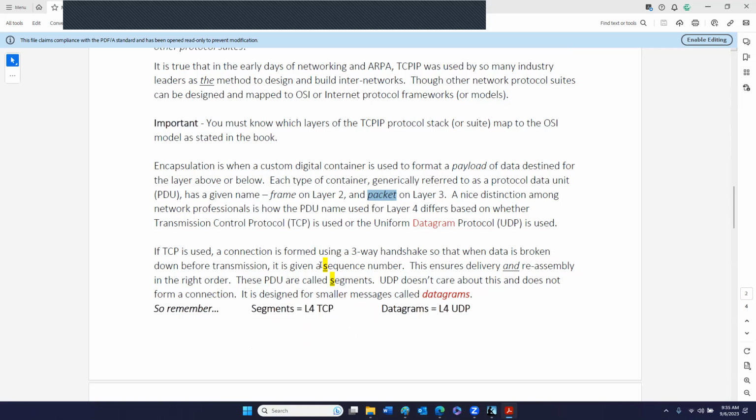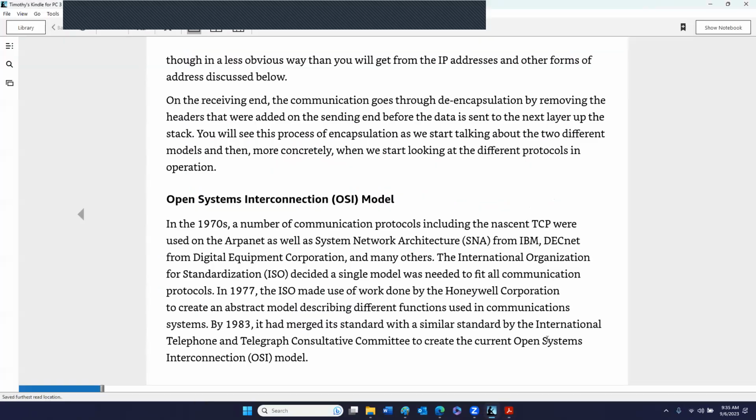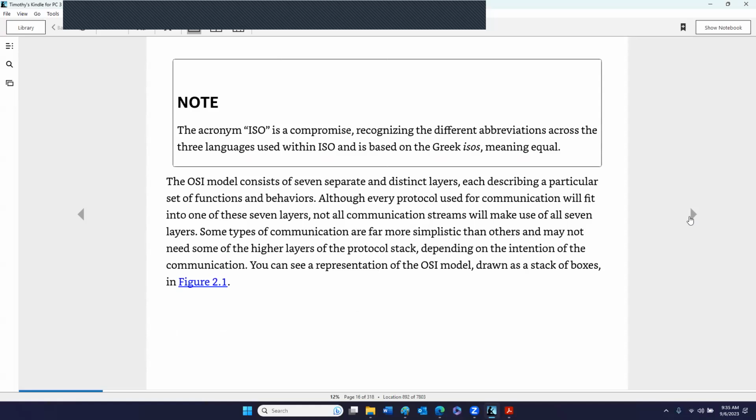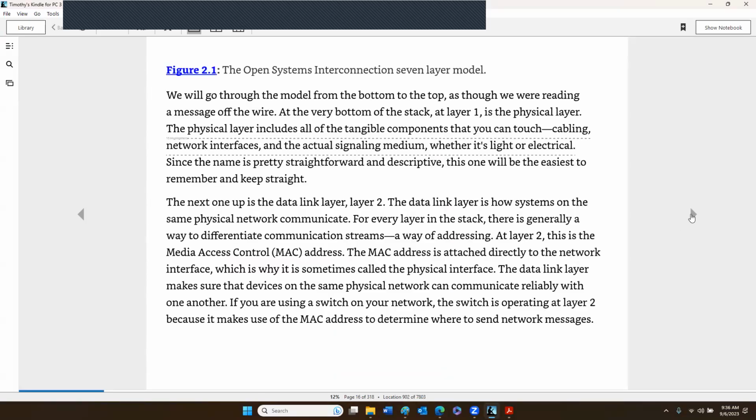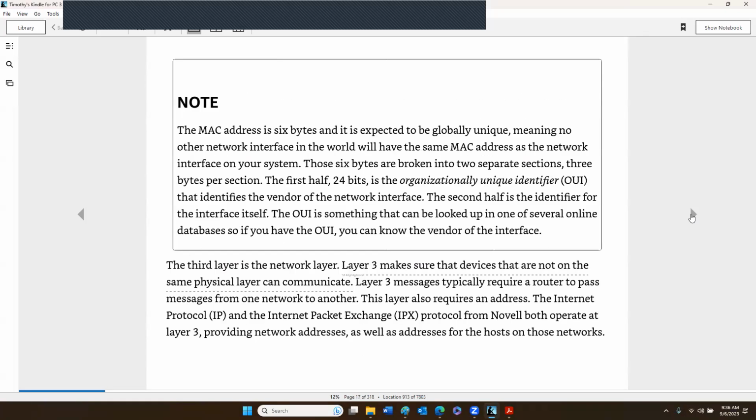So I went to the trouble of calling out, when you have a guaranteed delivery scenario in a client server environment where TCP/IP is used, and there's a 3-way handshake. And by the way, you have to know this handshake. So in the textbook, it goes to the trouble to explain, let's see, the 3-way handshake, right?